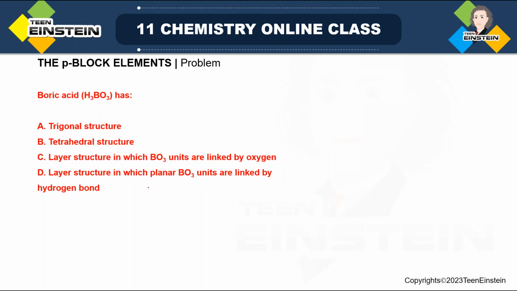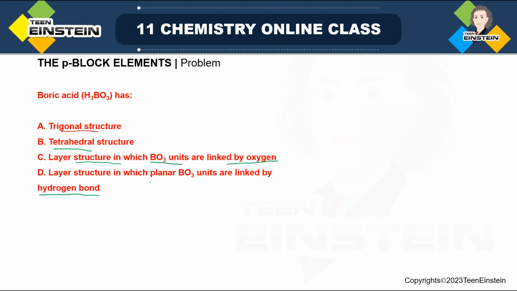So related to structure, we have this problem. Boric acid has trigonal structure. That is the first option. Then the second one says it has tetrahedral structure. Then it says layer structure in which BO3 units are linked by oxygen. It is true there are BO3 units linked, but they are not linked by oxygen. Just read the next one.